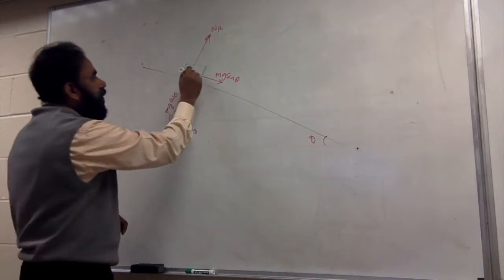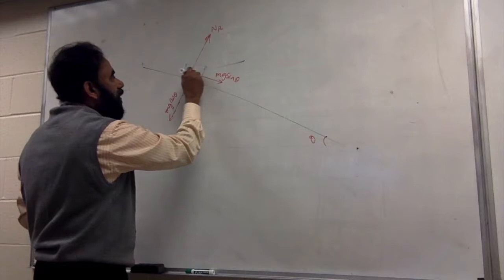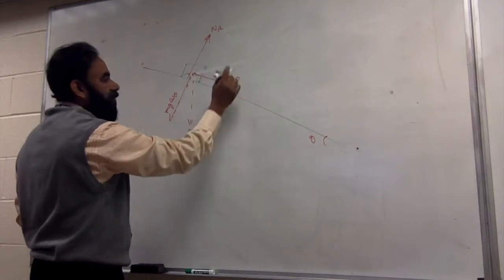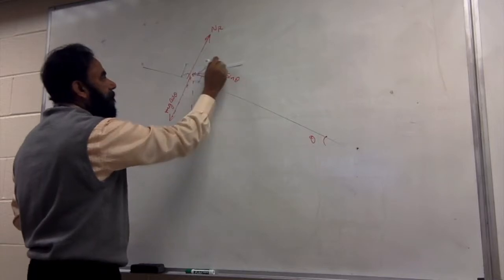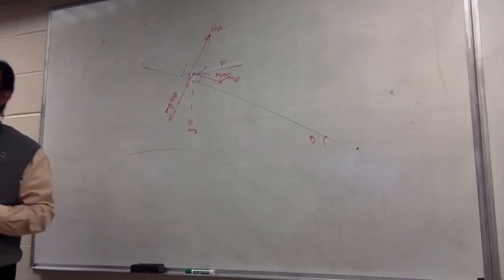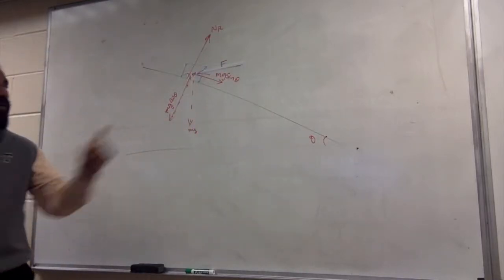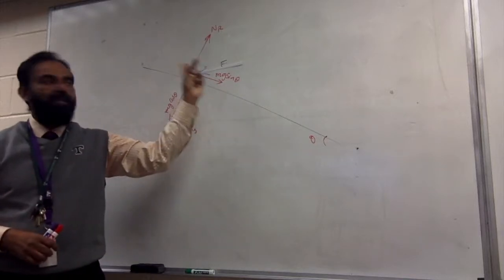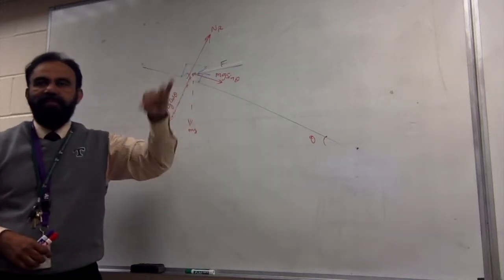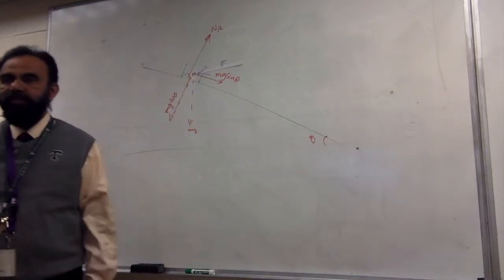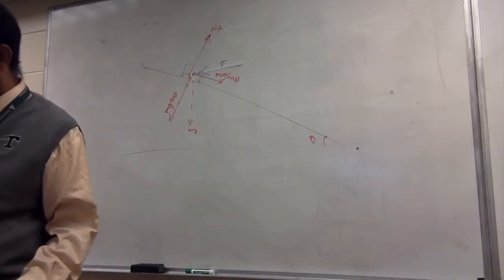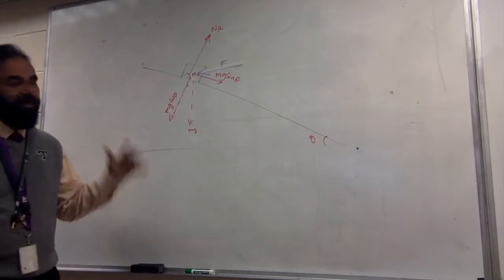So in other words, I'm going to push this box with a horizontal force. So I'm going to push it that way, not this way. If you're pushing it along the incline, that is easy. And if I'm pushing it that way, what's going to be the consequence? What is going on now?